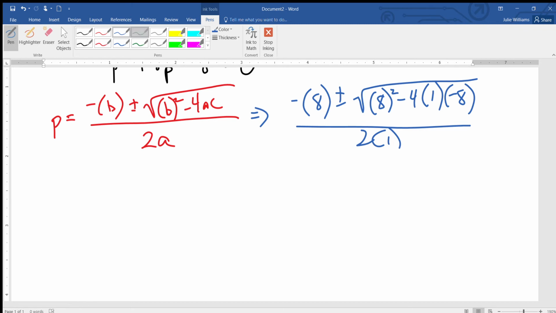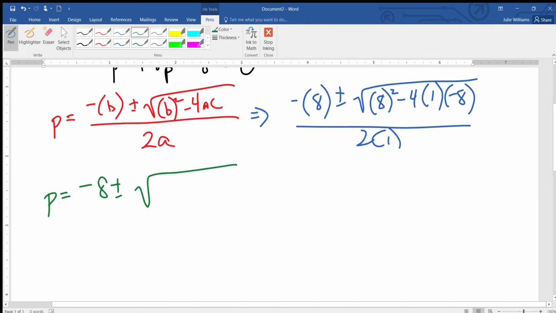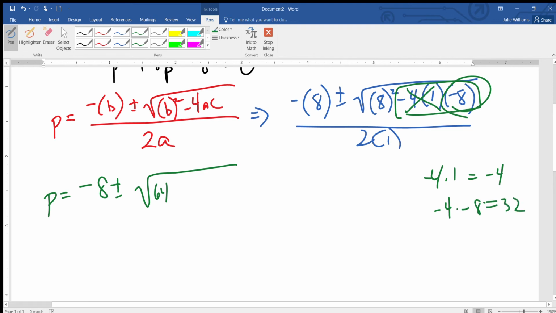Okay, so the next step, let's start our simplification process. So p is equal to negative 8 plus or minus the square root of 64, because 8 squared is 64. Then negative 4 times 1 first. That is negative 4. Then the product of negative 4 times negative 8, and I get positive 32. So plus 32, all over 2 times 1 is 2.